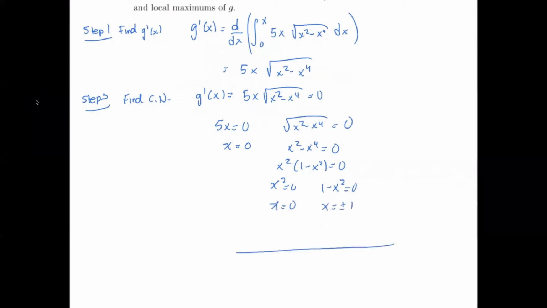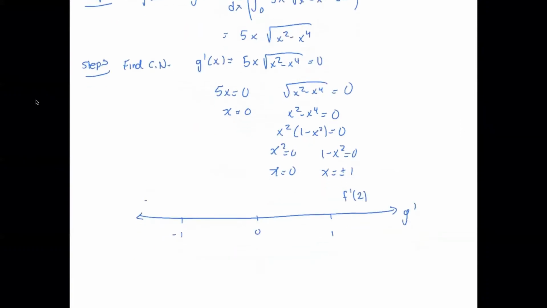So I'm going to make a number line. I'm going to put my g prime. I'm going to put my 0 as a critical number, 1 is a critical number, negative 1 is a critical number. I'm going to try to plug stuff in. Let's start on the right this time. These are my critical numbers. So let's try g prime of 2.